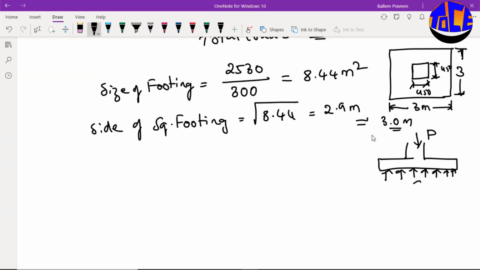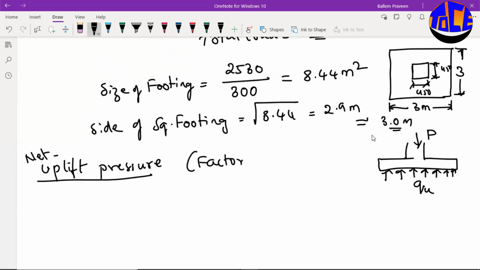Let us denote this uplift pressure with qu. This is called the net uplift pressure, in the sense that we are not including the self weight of footing. This is the net factored pressure, so we are considering the factored one.